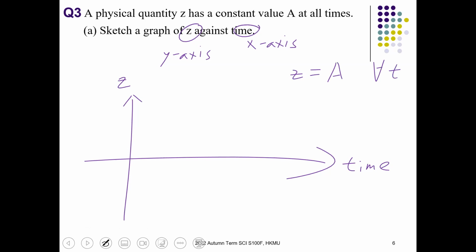So we just draw a horizontal line and say this is equal to A. A could be some non-zero value, so you can draw it on the upper part of the coordinate system or the lower part. We don't know whether it is positive or negative.